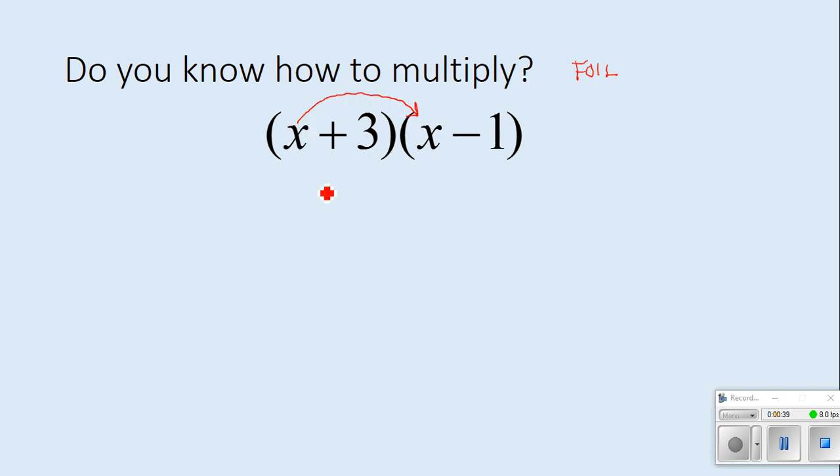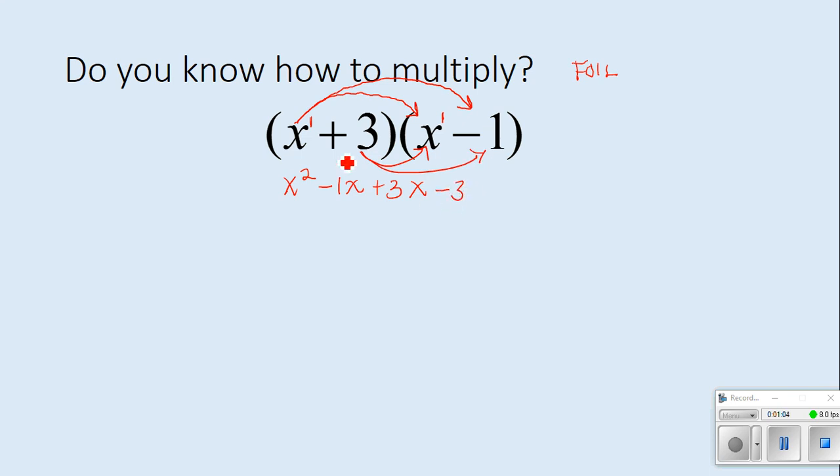X times x, that's x squared, because if you have one x and you multiply it by another x to the power of 1, you add the exponents. So x squared. X times negative 1, that's negative 1x. 3 times x, 3x. 3 times negative 1.